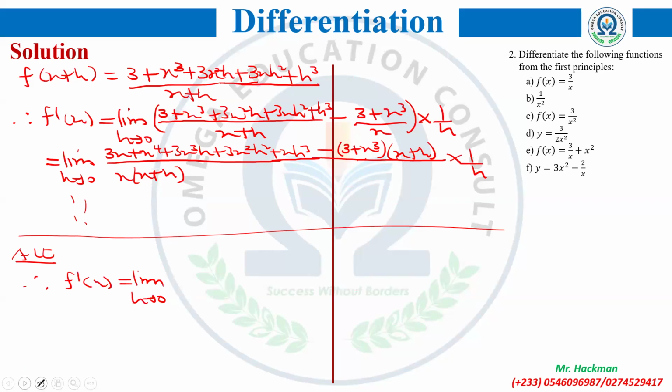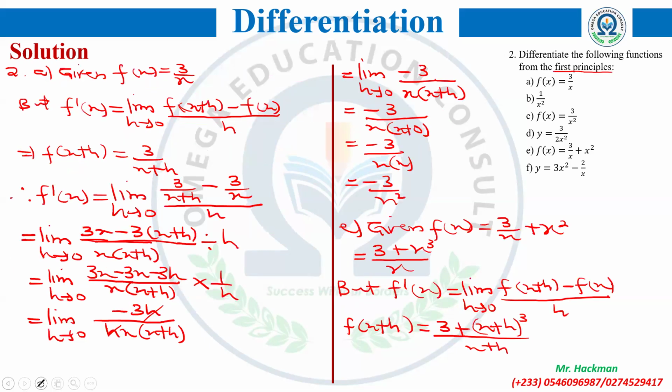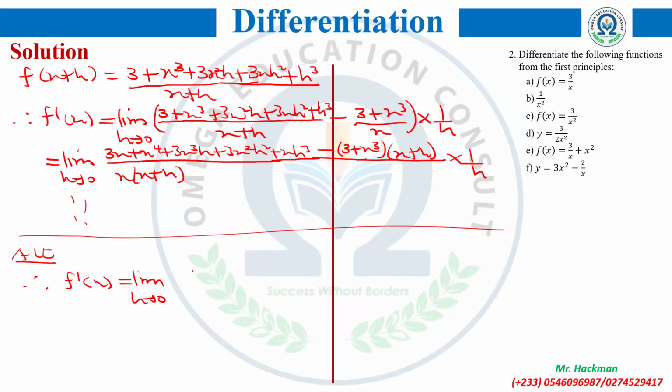And that gives us this fraction, which is a little prettier than its expanded version: 3 plus x plus h cubed all over x plus h. So it will be 3 plus x plus h cubed all over x plus h.